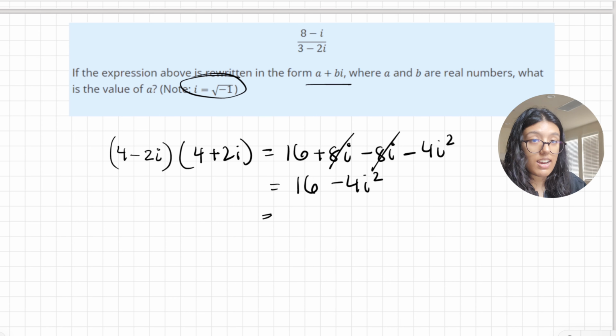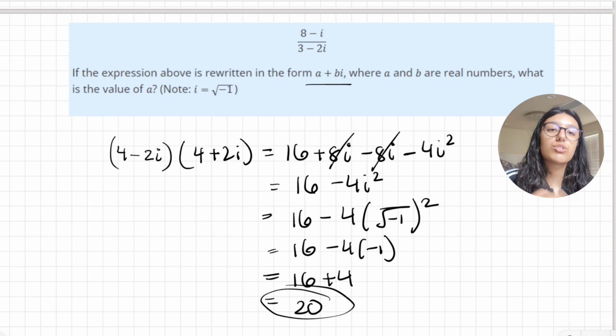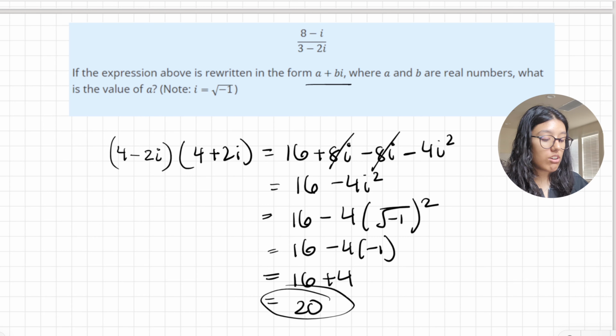Over here, they gave us i is equal to root -1, so i squared is -1, and 16 plus 4 equals 20. So 20 is an actual real number. Usually you might not get whole numbers, you're probably going to get a fraction or a whole number, but in essence, the i will disappear if you multiply a number by its conjugate.